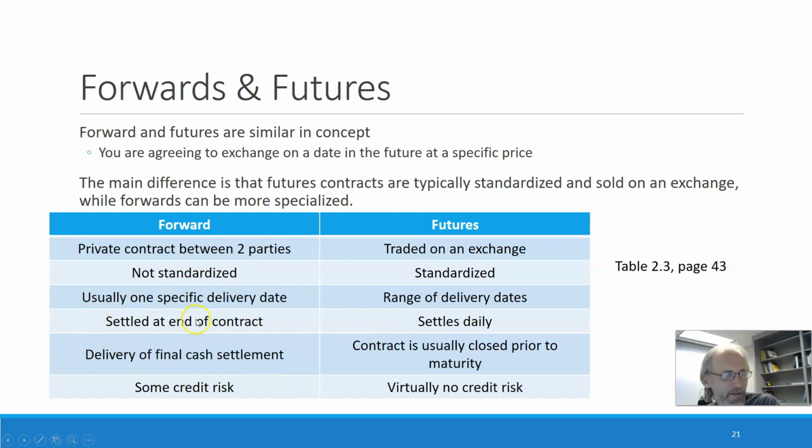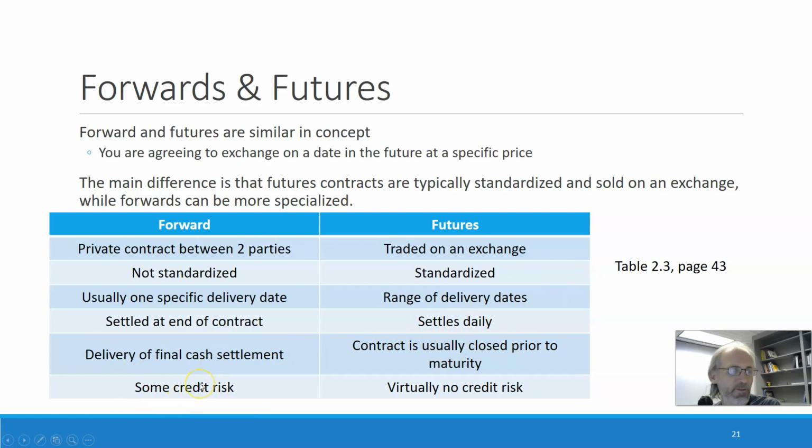The forward contract settles at the end of the contract, so you don't have to post margin. It's not marked to market every day, whereas the future settles daily, marked to market every day.